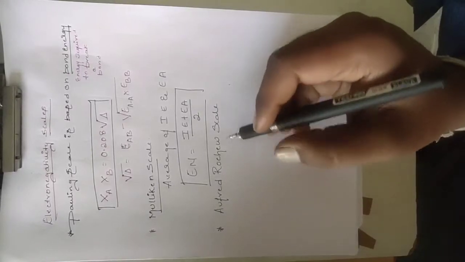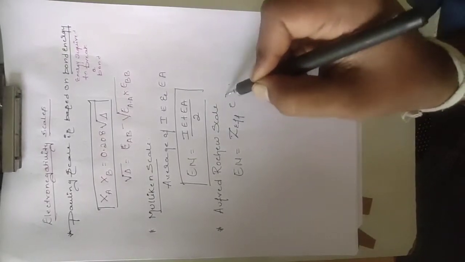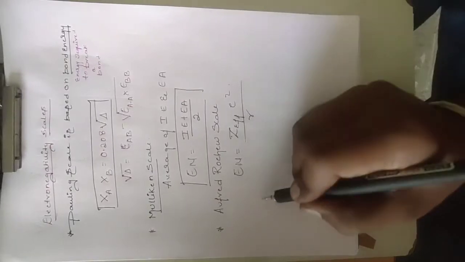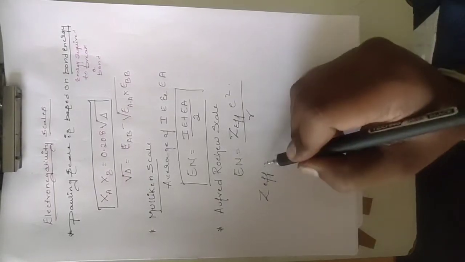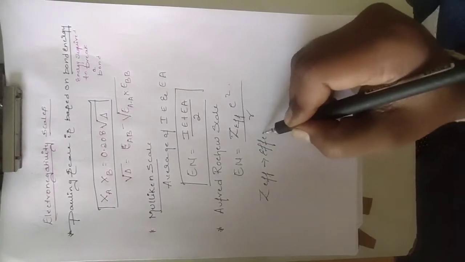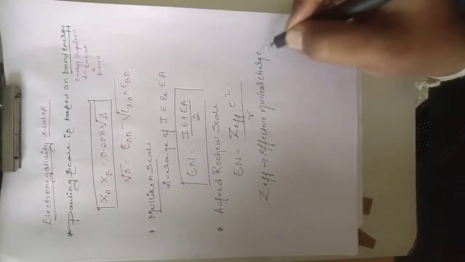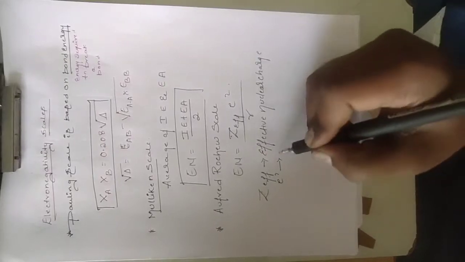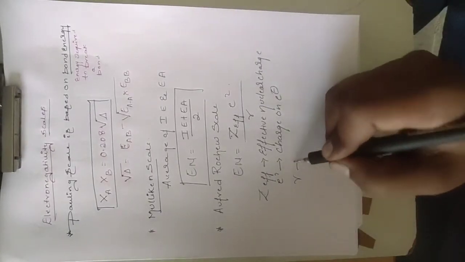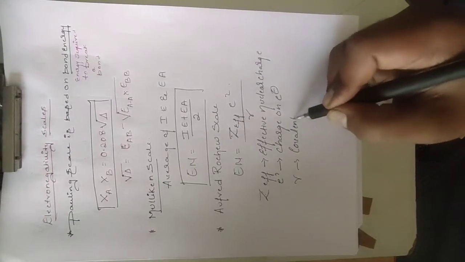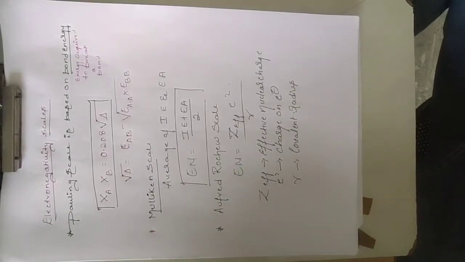He gave the formula to find electronegativity equals Z effective times e squared by r squared. Z effective means effective nuclear charge, e squared is the charge on the electron, and r is the covalent radius. These are the three scales used to measure electronegativity.